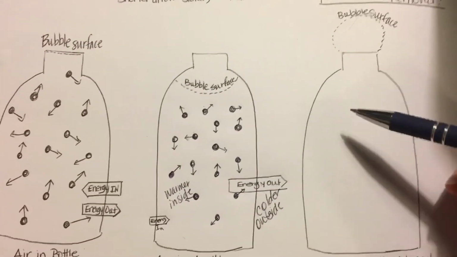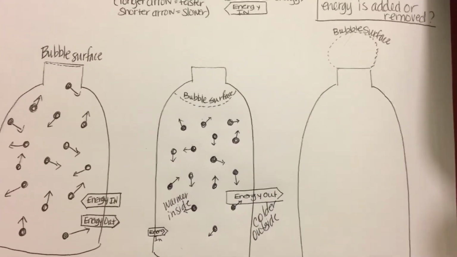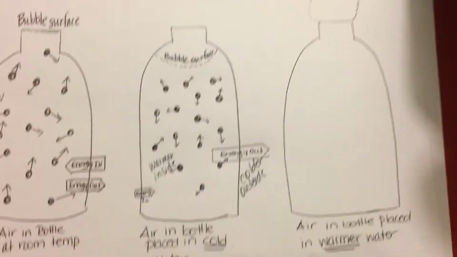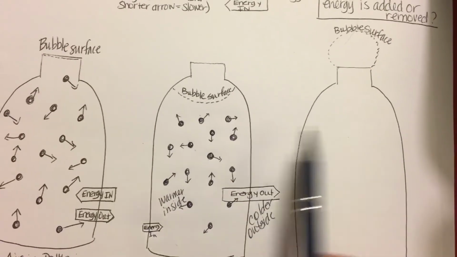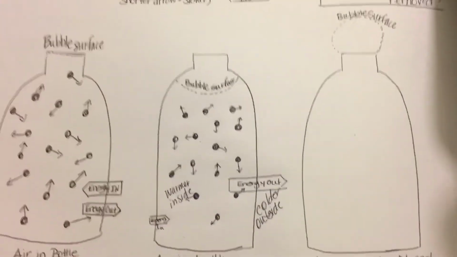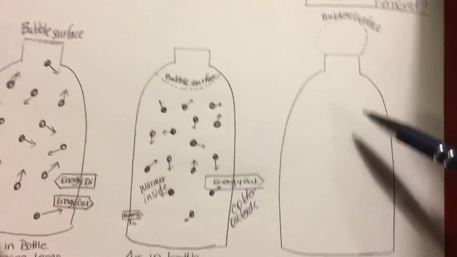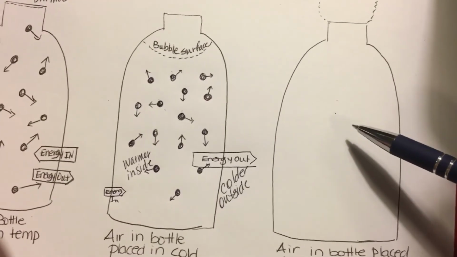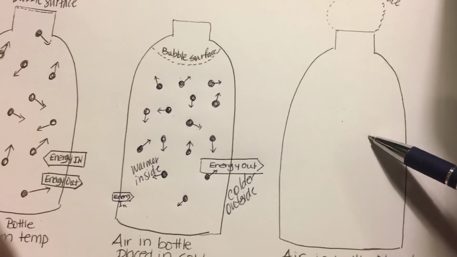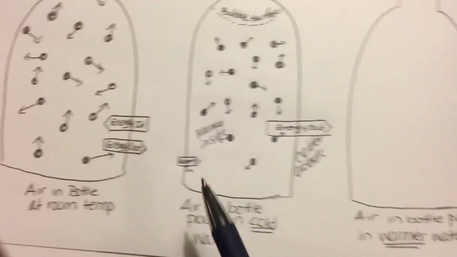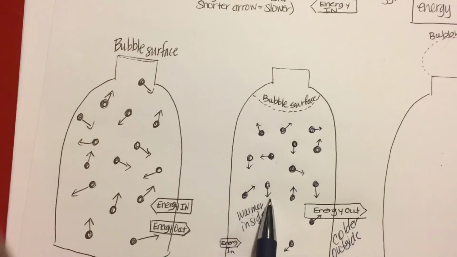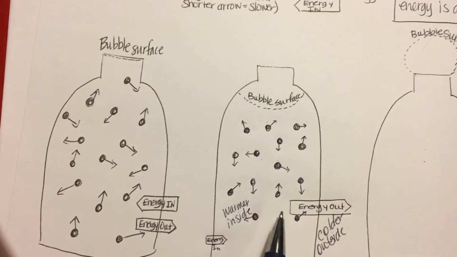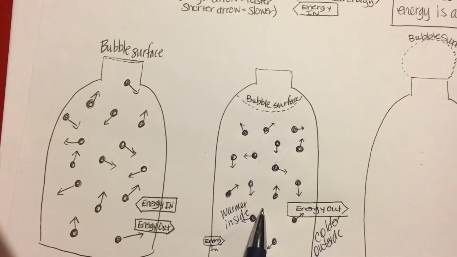So, when we make our last model, air in the bottle placed in warmer water, we need the same number of molecules again, so we need those 15 molecules. We're going to need to show how those molecules are moving. Remember, we used a shorter arrow to represent that the molecules are going to be moving slower.